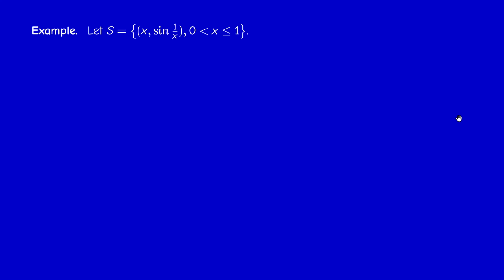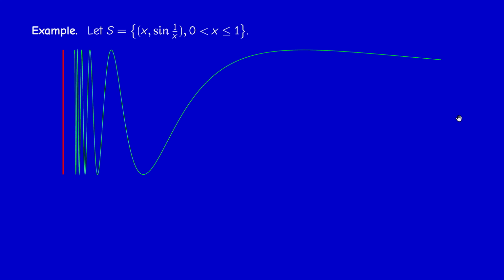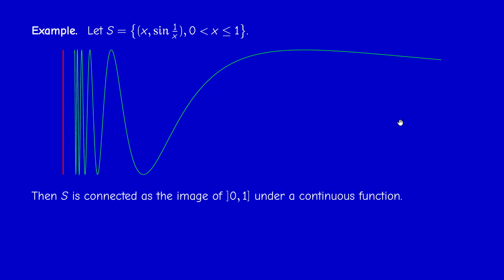Consider first the graph of the function sine of 1 over x for x positive and less than or equal to 1. So this is the graph. S is just the curve in green here. It makes smaller and smaller oscillations between -1 and 1 as x tends to 0.